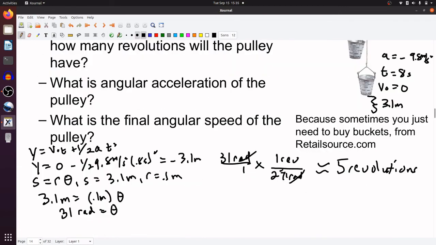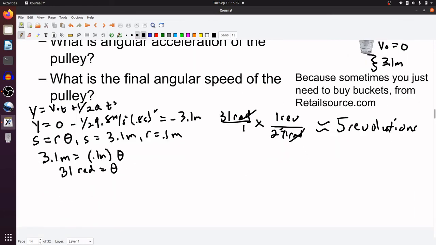Now we want to figure out the angular acceleration of the pulley. There are a couple of different ways we can do this. I think the easiest way is our theta equation: theta is equal to omega naught t plus 1/2 alpha t squared.